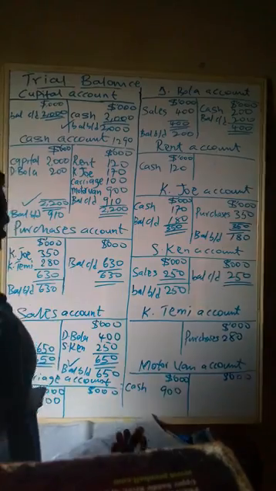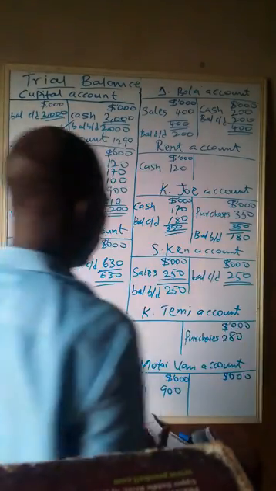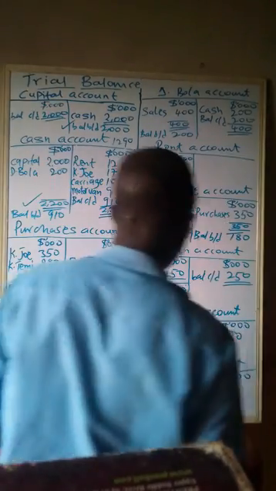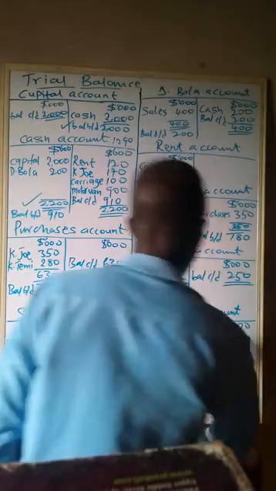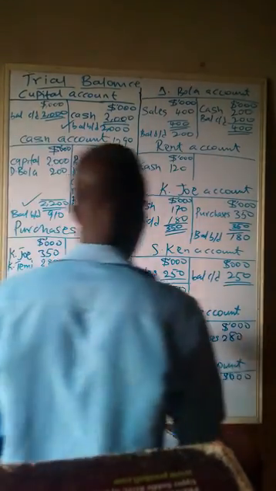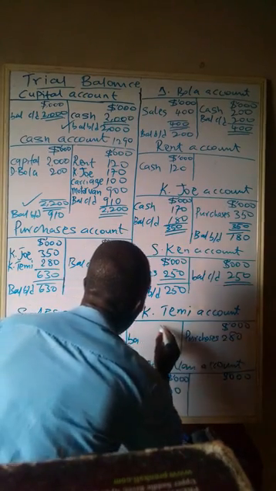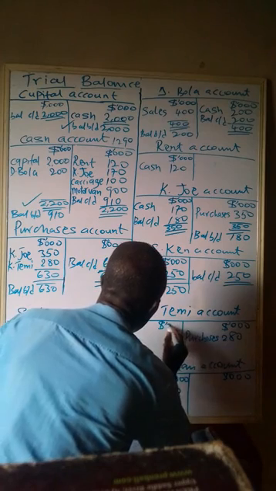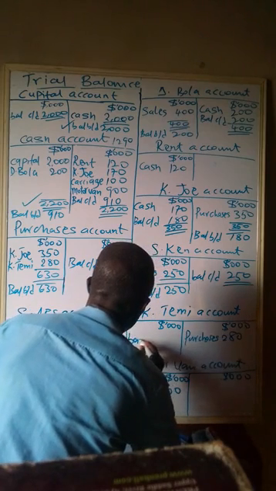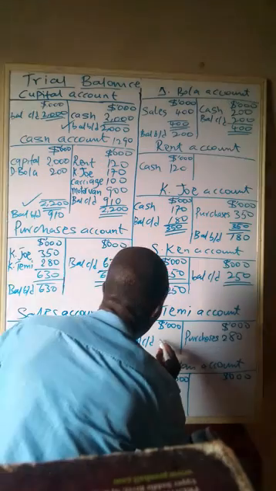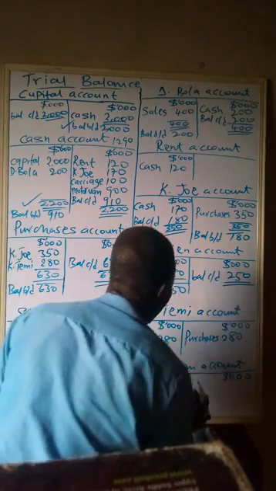Then I go to KTMI account. What am I going to do here also? KTMI, so good to us. We purchased from him. We have not paid him. At the end of the period, we have the balance CD to pay him, and that is a $280,000.